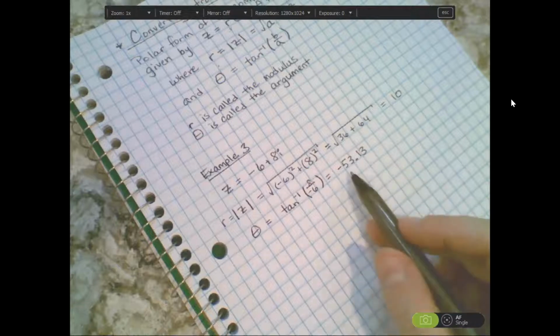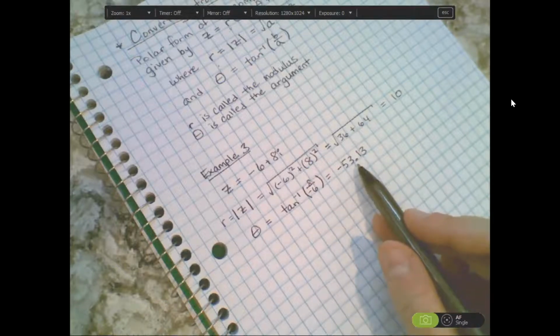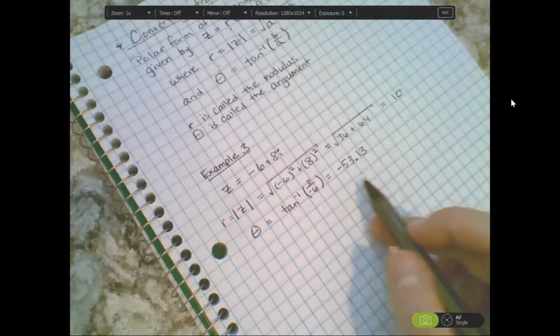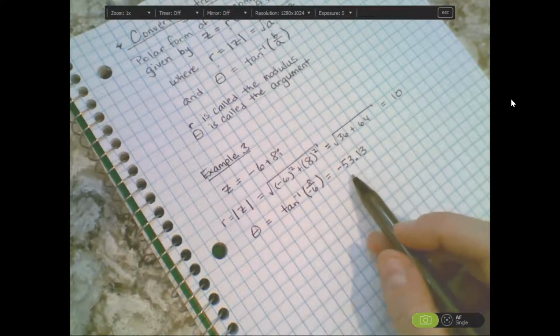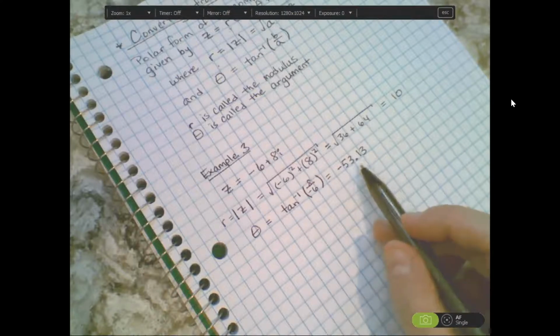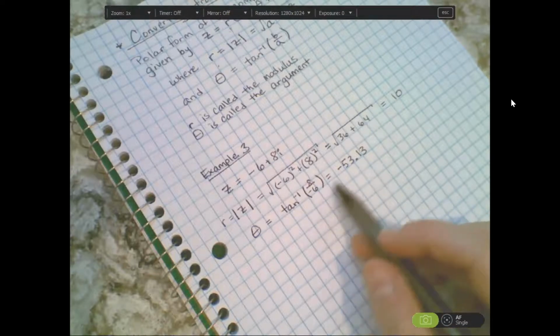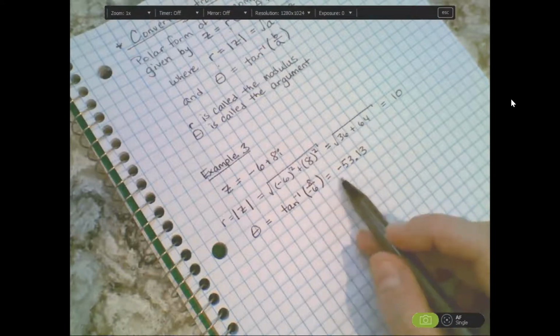But let's think about this. -53.13. This is another one of those places where we have to stop and think, is this the angle that we really want? Remember how our whole restrictions go with inverse tangent and inverse sine.